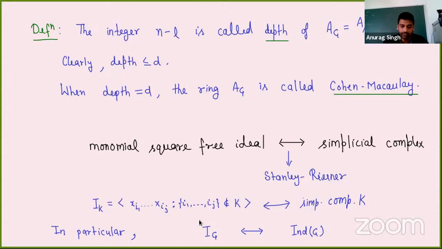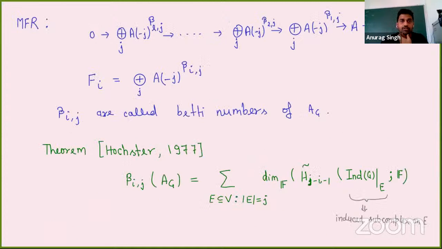The commutative or algebraic properties of edge ideals have been studied a lot recently by researchers in commutative algebra. One of the main objects they study in this direction is the following.